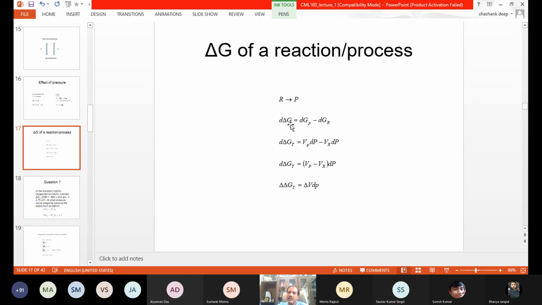And if I talk about double delta G, I'm talking about the change in delta G of this process. So there are two different things.